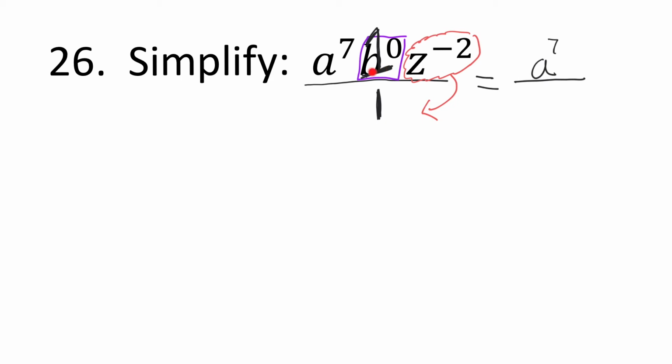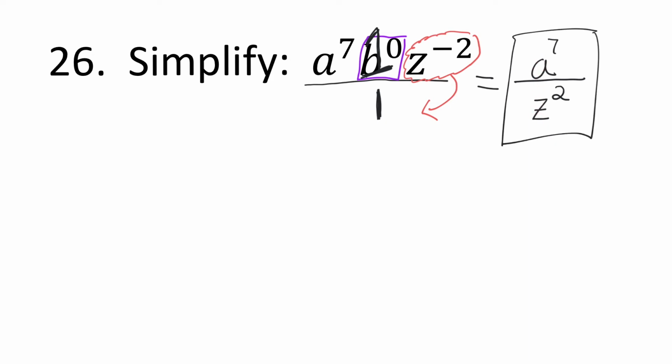I don't need that 1 because the b turned into 1. You can make it invisible. But the z, remember, we need to take it to the bottom of the fraction. Z and the exponent becomes positive, z squared. Now look at the bases. Right now, the variables are not the same. In that fraction, we have an a on the top, z on the bottom. You cannot do anything else.